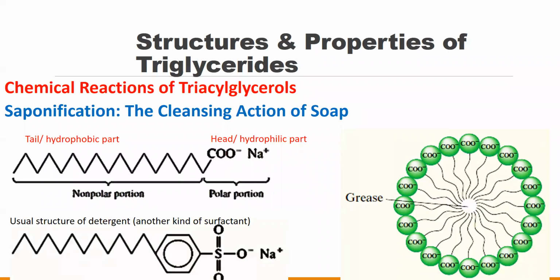It's also a surfactant. If you look at the structure, there is a part which is polar and a part which is non-polar, or a part which is the head and a part which is the tail.